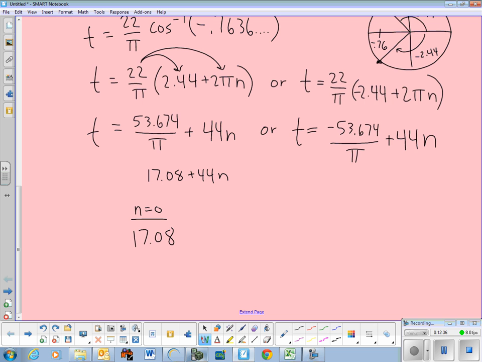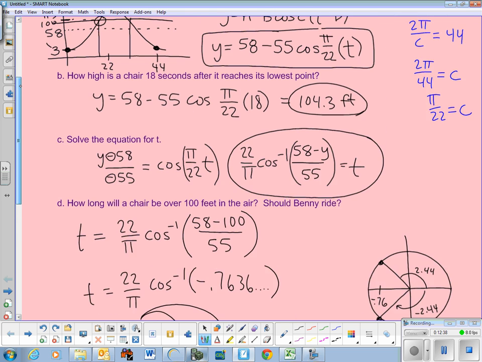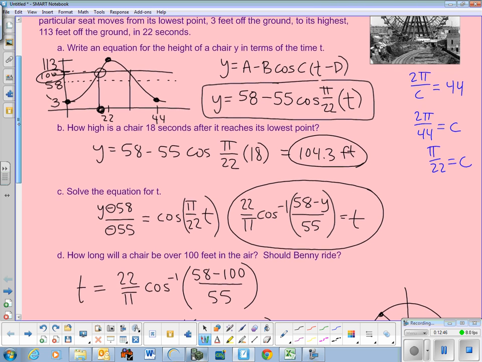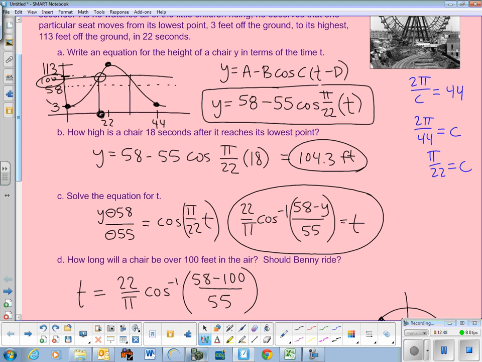So if n is 0, this is 17.08. If we look at our picture, 17.08, this is 100, that's right here, 17.08. So that's the first time on the way up that I passed 100 feet. I want to have a decent picture. It doesn't have to be perfect, but you should get an idea of whether your answers are right from your picture.